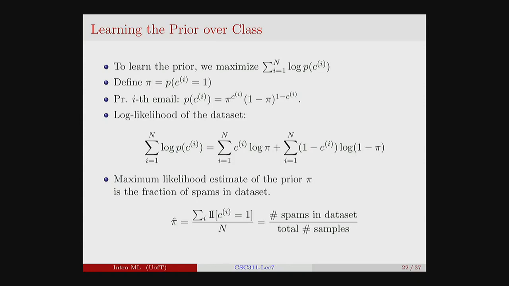And so the maximum likelihood estimator from what we've derived previously is just the number of spam emails in the data set divided by the total number of samples. So we just use the result that we derived in the first half of the class to figure out what the MLE estimator for pi is. Any questions about this so far?